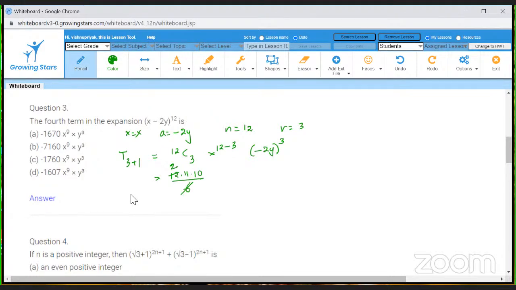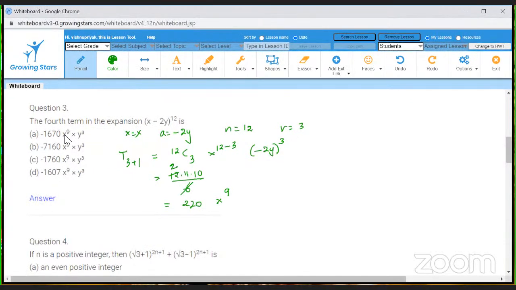First you have to go for that. All the numbers you will take. And so what will you have? 2 into 11 into 10, 220. And then x power will be 9.